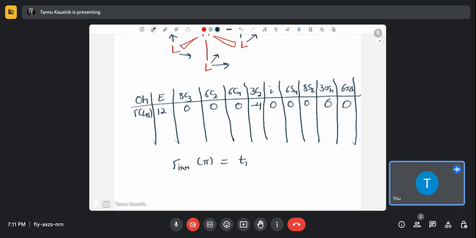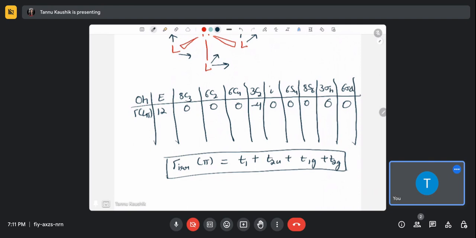So for px and py orbitals, the symmetry is T1U plus T2U plus T1G plus T2G. So we will have 12 pi orbitals.